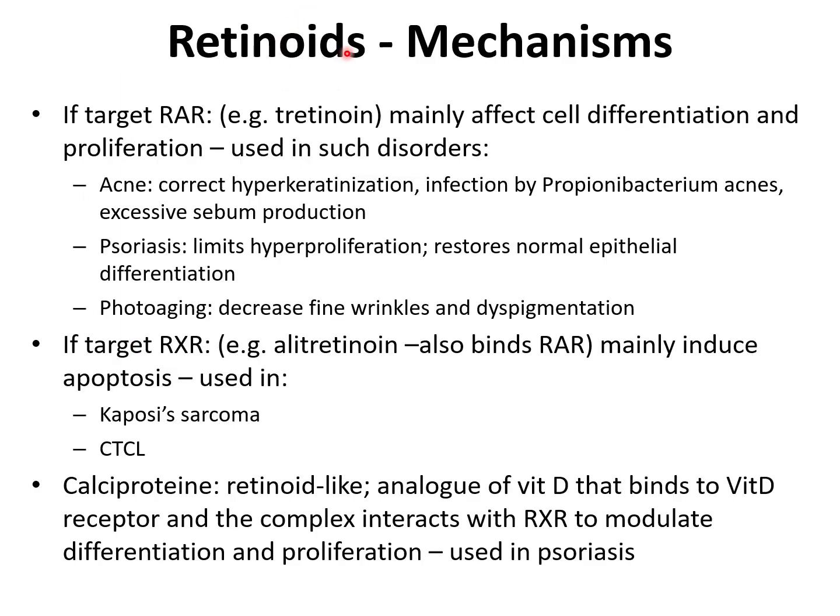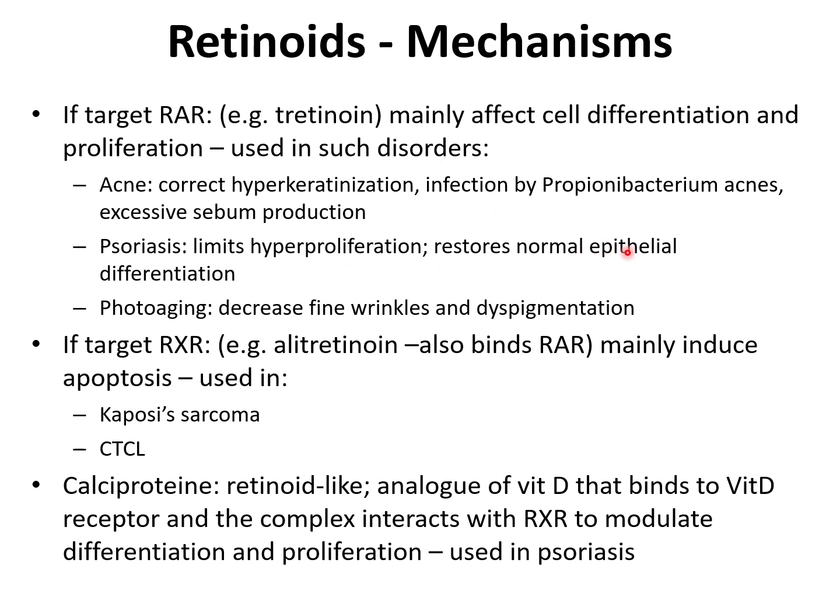Now, in general, if the target of the retinoid is the RAR, such as tretinoin, the effect is on cell differentiation and proliferation. And these kinds of drugs are usually effective in acne, in psoriasis, where they correct hyperkeratinization and excessive sebum production, and also they limit hyperproliferation of cells.